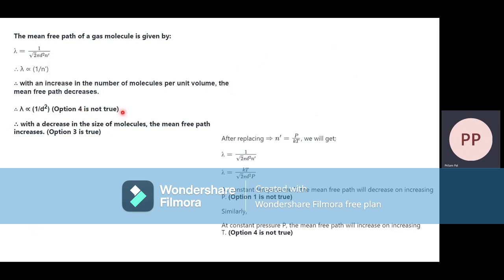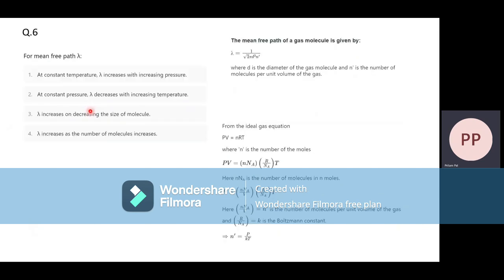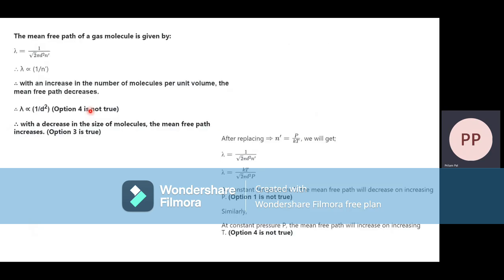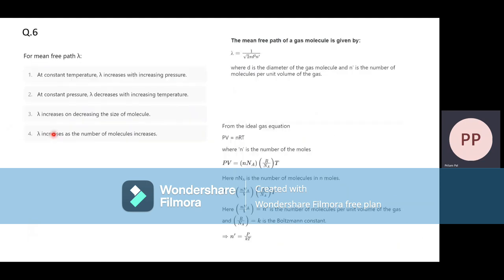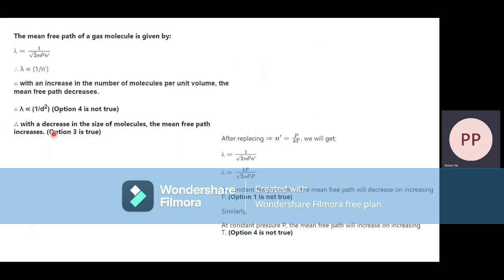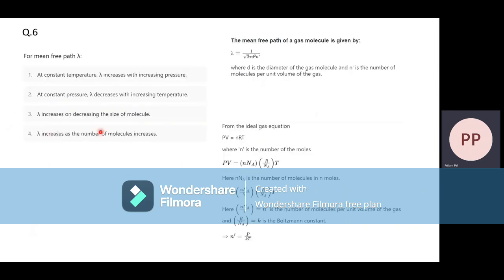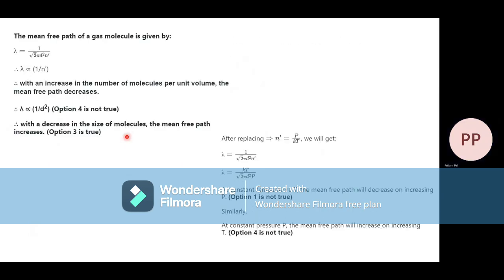Option 4 says lambda increases with the size of the molecule. With a decrease in the size of the molecules, the mean free path increases. So yes, number 3 is right. Number 4 is incorrect because it shows a proportional relation.